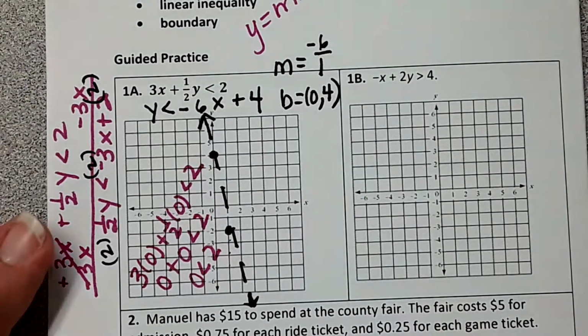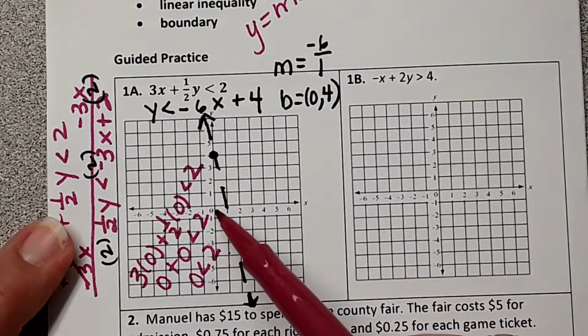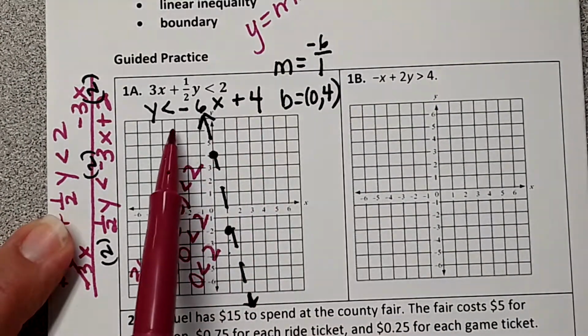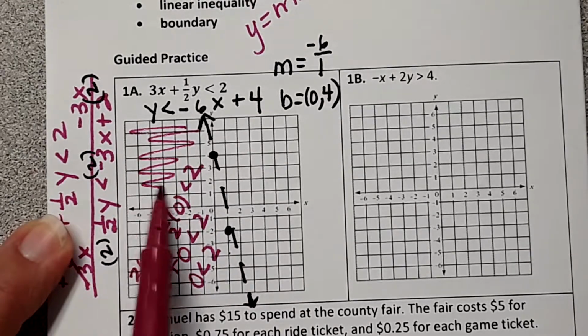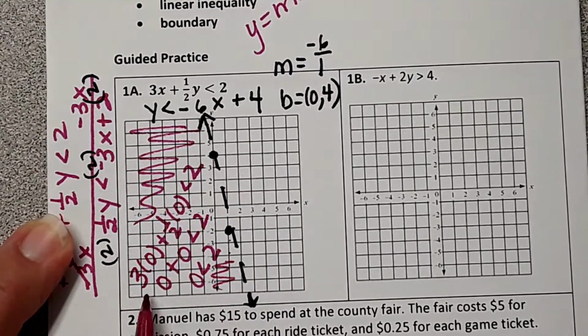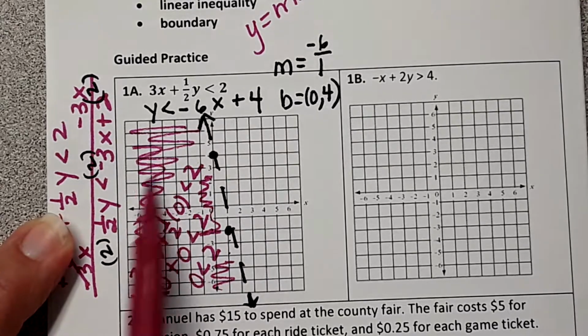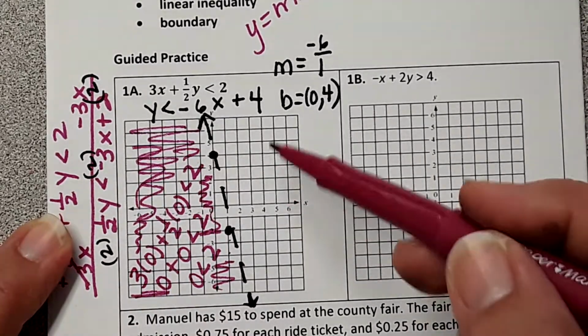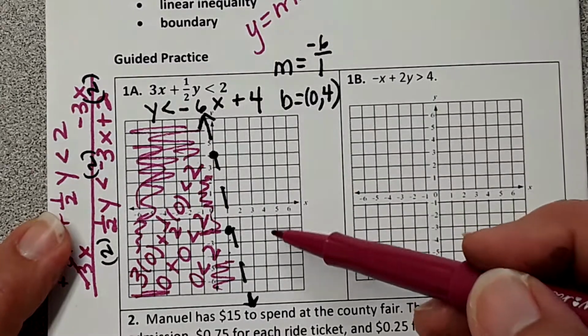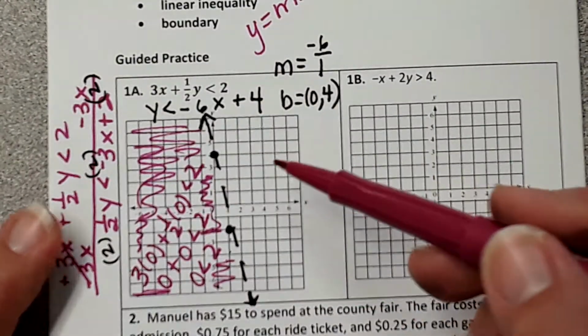And that's true. And you guys, the reason I put it on this side is because 0, 0 is on this side. And since it's true, this is where I'm shading. That means anything in this area is true. This side would be false. That means anything that's in the blank side wouldn't make it true.